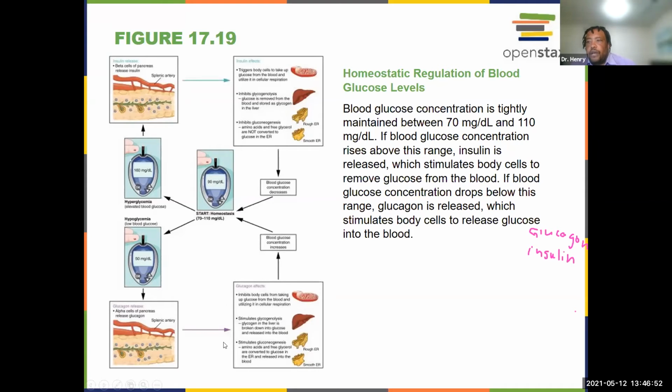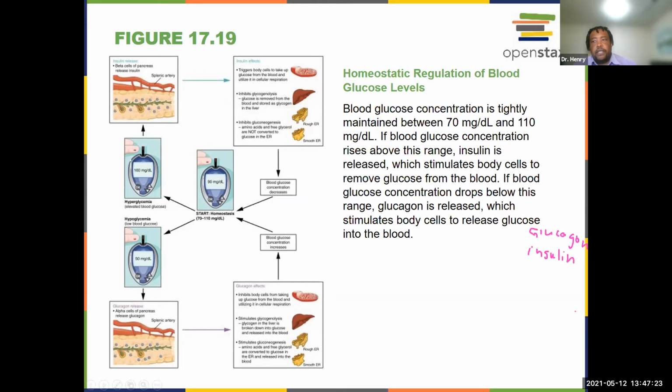Then glucagon is going to inhibit the body from uptaking glucose from the blood, and then it's going to prevent it from utilizing it in cellular respiration. It's going to stimulate glycogenolysis. So in this case, you're going to get glycogen broken down so that you're making more and more glucose that you can start releasing in the blood.